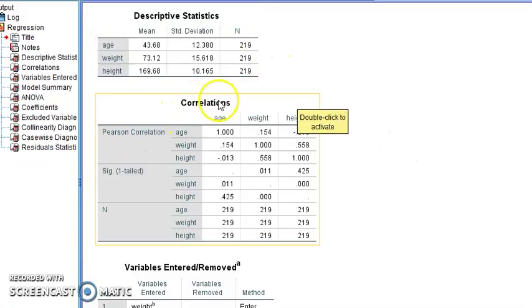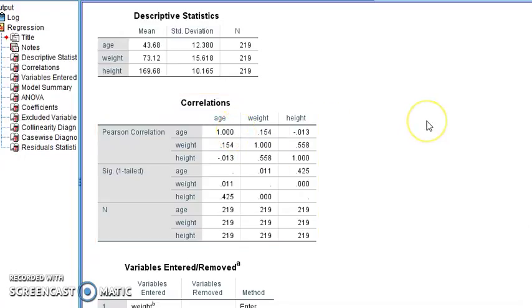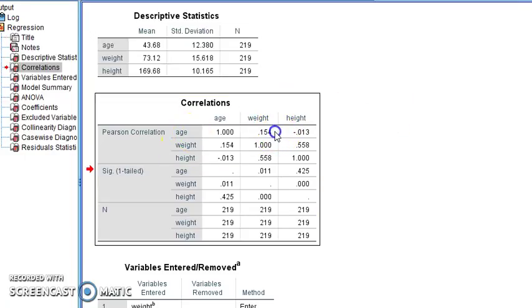Now if we look at the correlations, these are the same correlations we came up with when we did our correlations in question 2. Obviously, correlating age to age, you are at 100%. If we are looking at predicting age from weight and height, we can see that age and weight are only correlated at 0.154, and height's actually a negative correlation of 0.013.